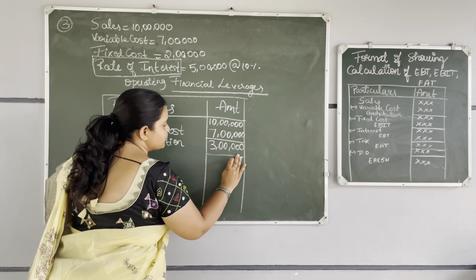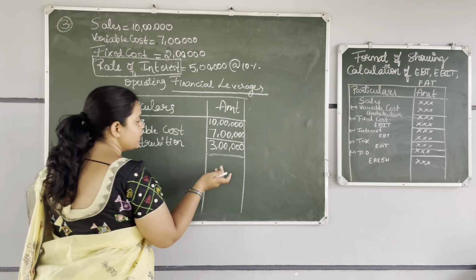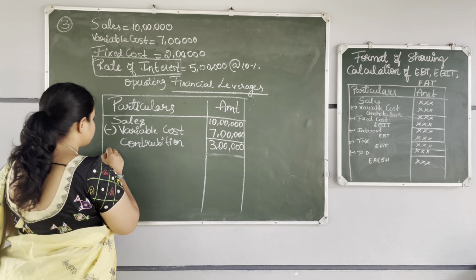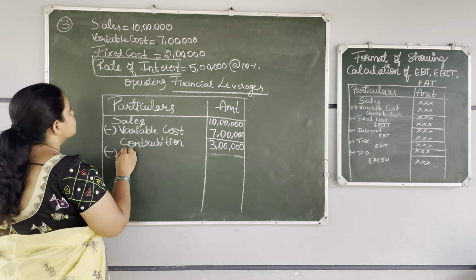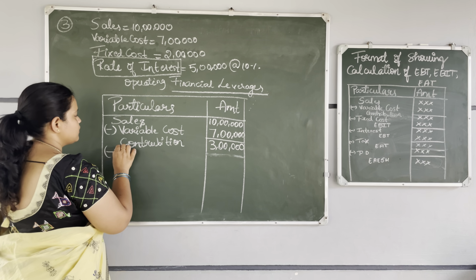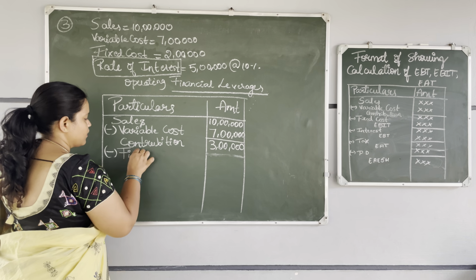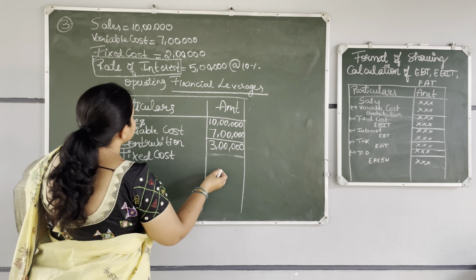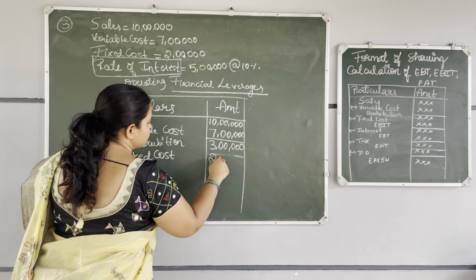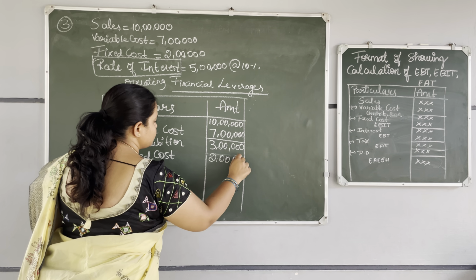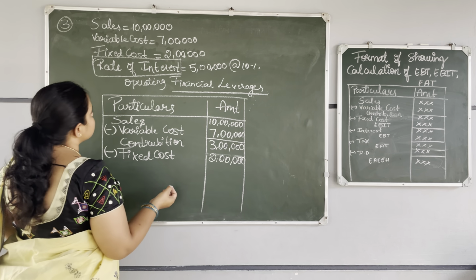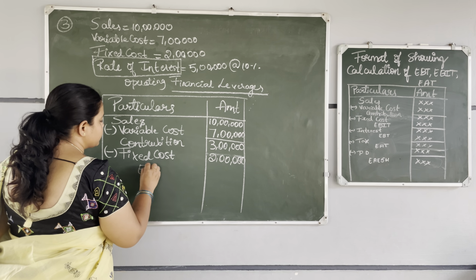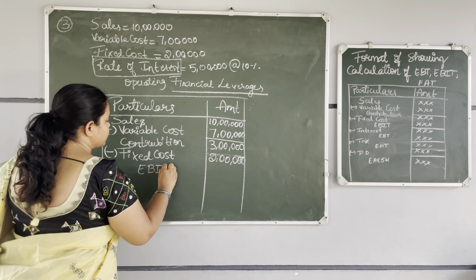In this contribution, you should not draw a line here, we have to minus fixed cost. Fixed cost is 2 lakh. So after the fixed cost, we will get EBIT here.